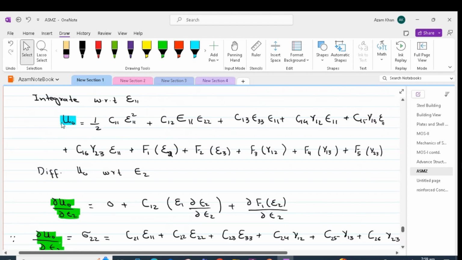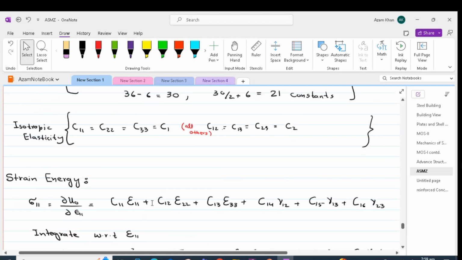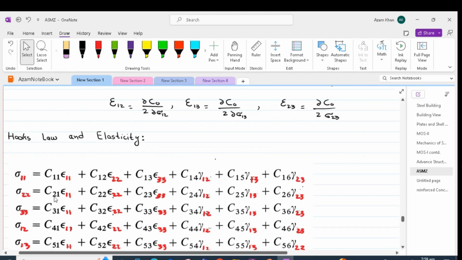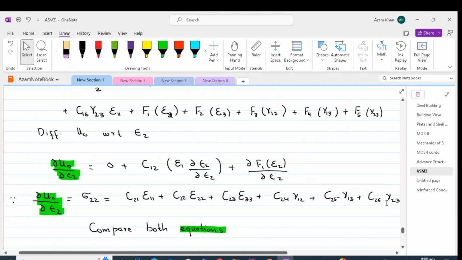So by partially differentiating u naught with respect to epsilon 22, we get only two terms. Partial u naught by partial epsilon 22 is also equal to sigma 22 as per our previous discussion, and that is equal to this second expression. So this second expression can be written over here.